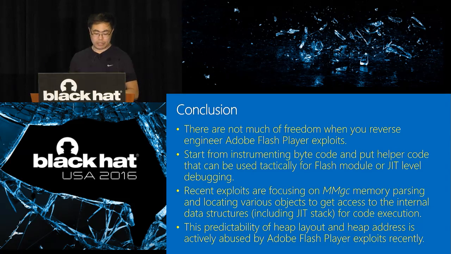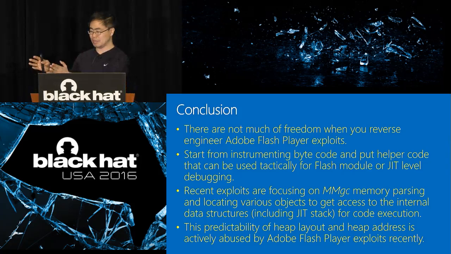And the other point is that a lot of important things happen inside the JIT level. Even though you have symbols for Flash, it doesn't help because everything happens in the JIT level, and you need to match between the ActionScript code, the bytecode, and the JIT-level code. It's not easy to match between them.